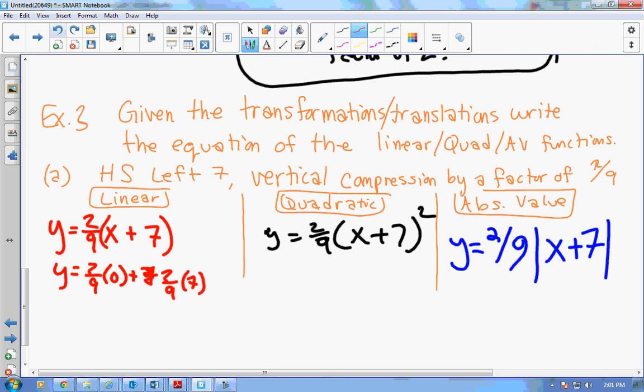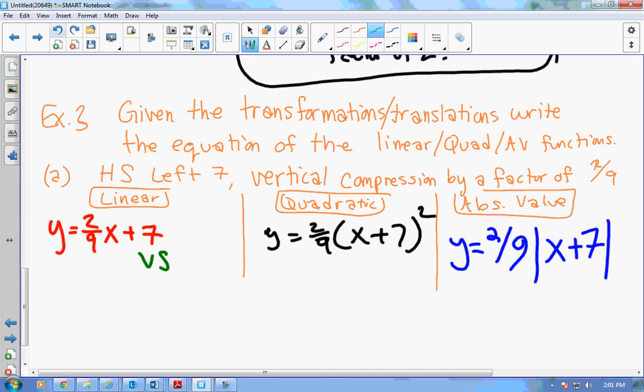No, because linear doesn't really behave that way, so there's a difference. Linear only actually has a vertical shift.